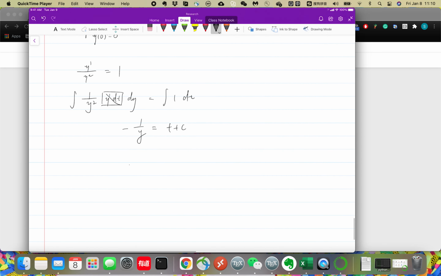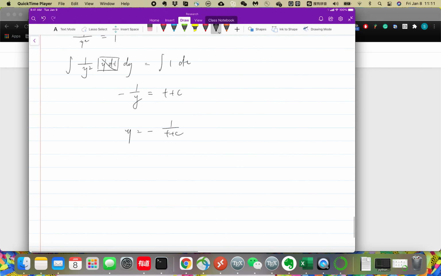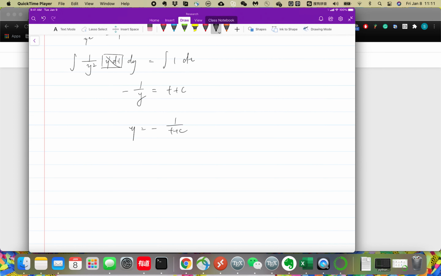So what is y? y is negative 1 over t plus c. All right, now it's time for us to plug in 0 and get 0. This implies 0 equals negative 1 over 0 plus c. c does not exist.